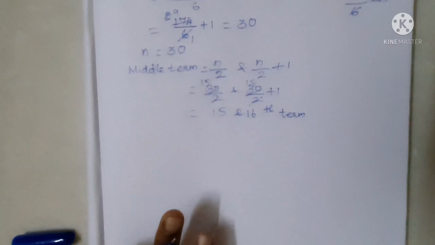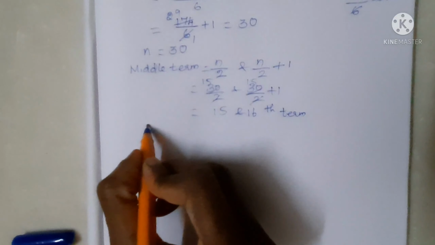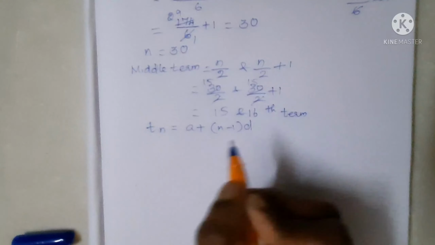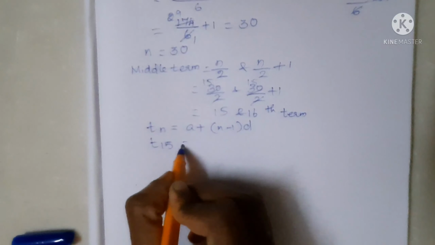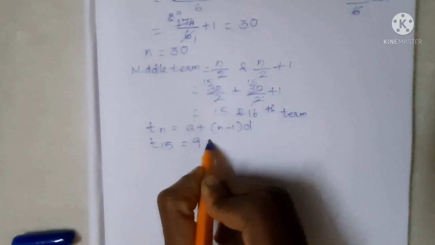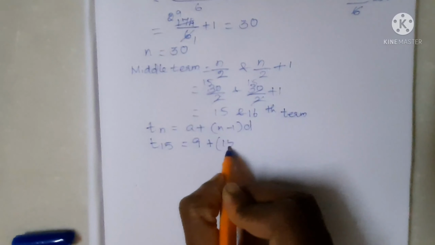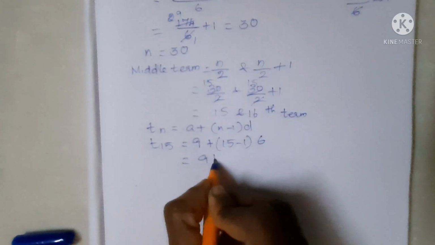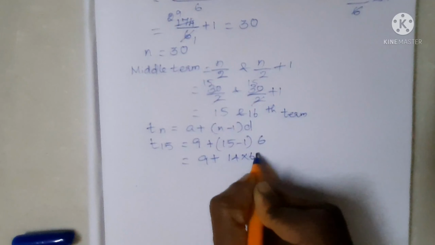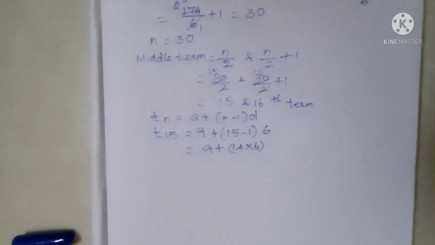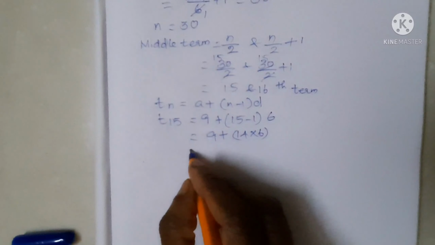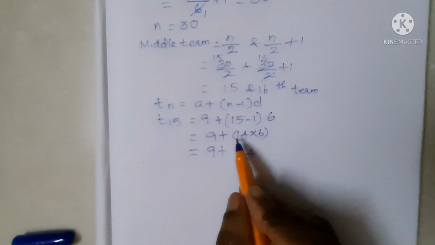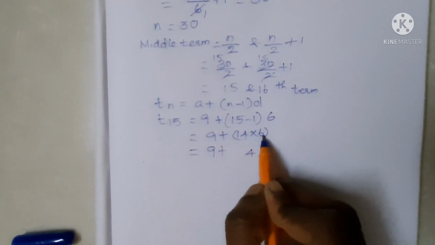So next you find T15 and T16. Tn is equal to A plus (n minus 1) into D. So T15 is equal to A, which is 9, plus (15 minus 1) into D, where D is 6. That is 9 plus 14 into 6. So you multiply these two, then you add 9. 14 into 6: 4 6s are 24, remaining 2, then 1 6 is 6, 6 plus 2 is 8.